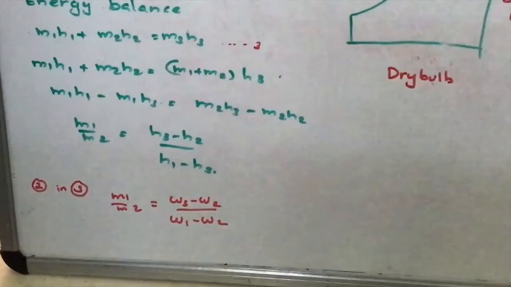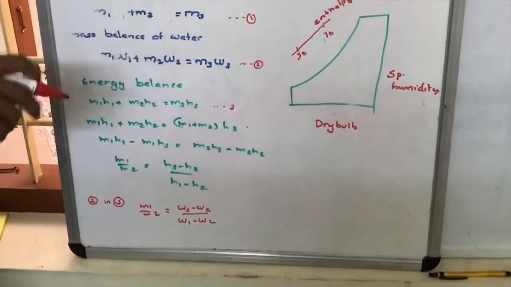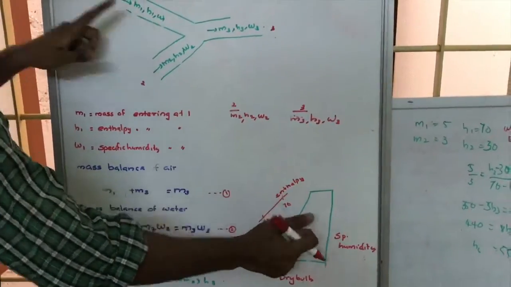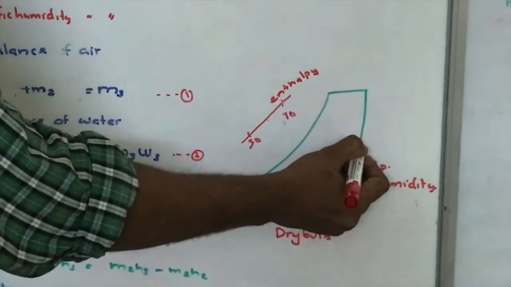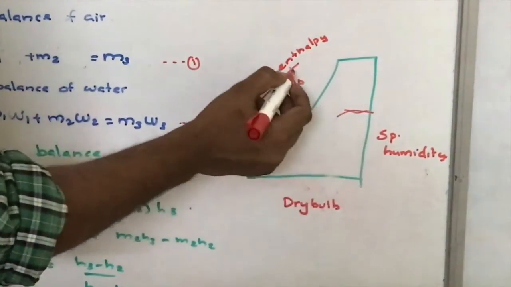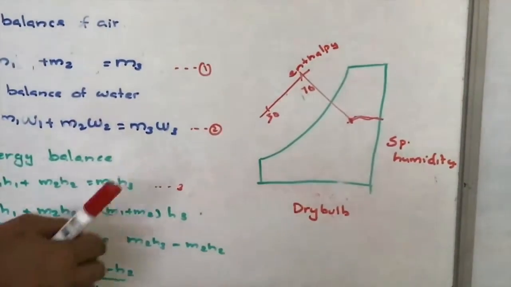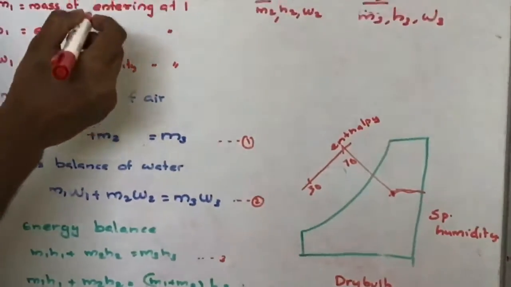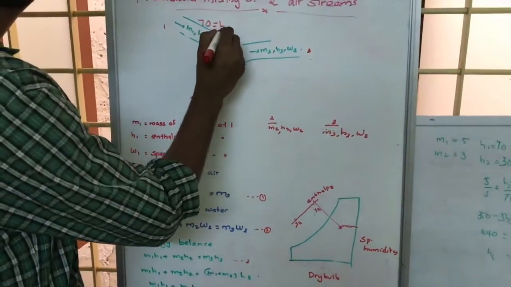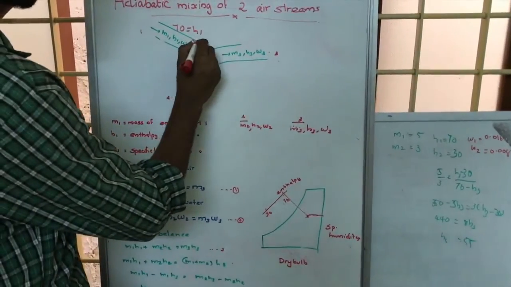Now we have the first point, H1 and W1, so we can plot it here. Let us take H1 equal to 70 and W1 equal to 0.016.